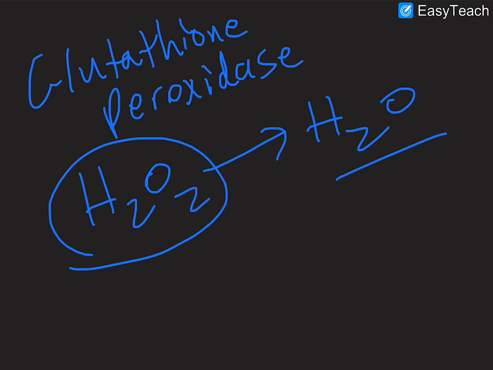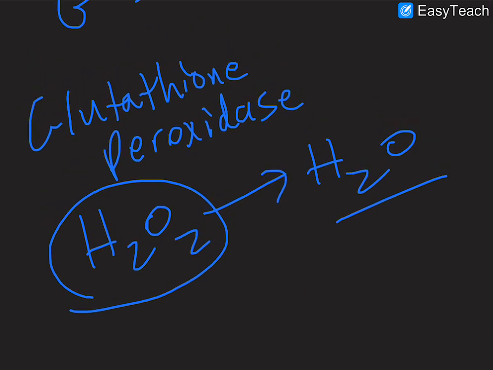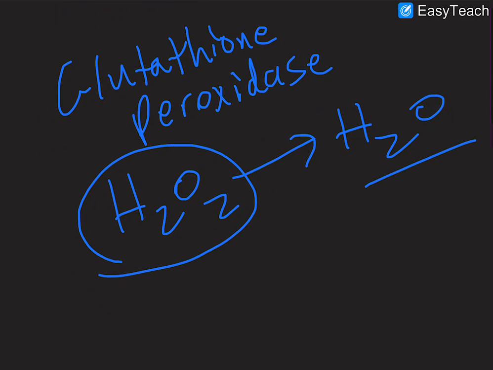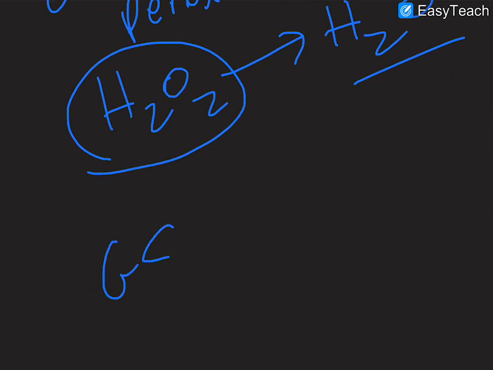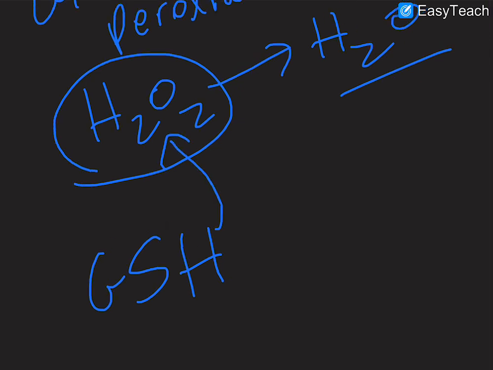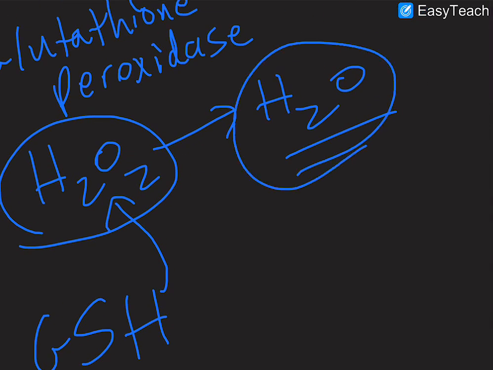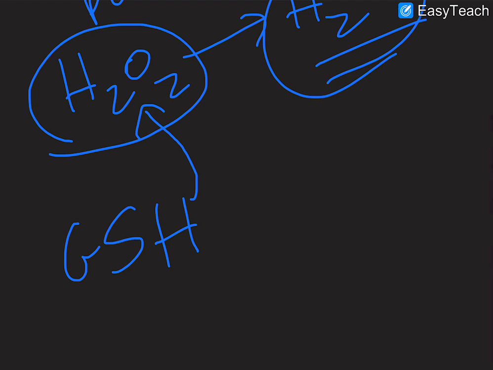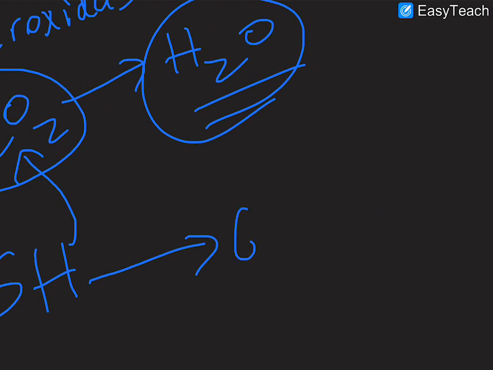The way glutathione peroxidase works is it uses the reduced form of glutathione, which has extra electrons. Those electrons are delivered to hydrogen peroxide, and then we get water formation. But if this reduced form of glutathione delivers electrons, it becomes oxidized.